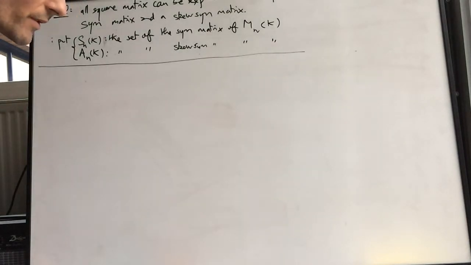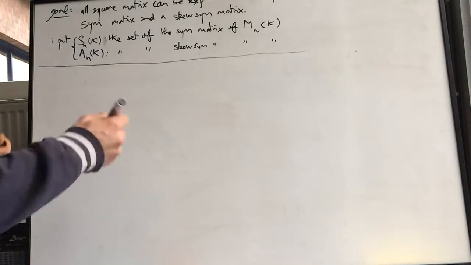Secondly, we are going to prove that there is a unique way to express a square matrix A as the sum of a symmetric matrix and a skew symmetric matrix.